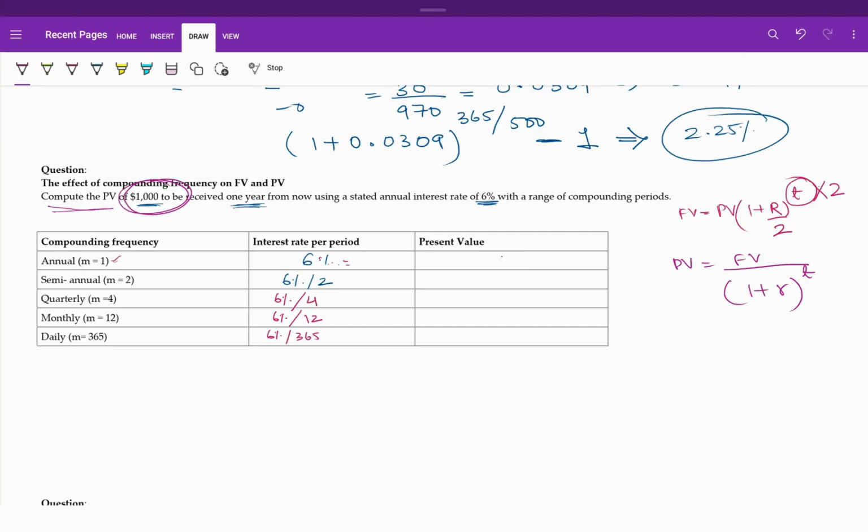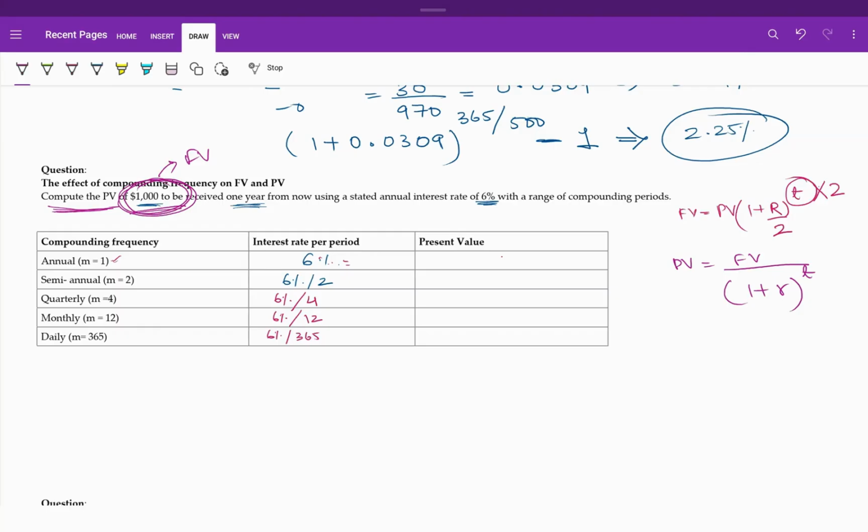So this $1,000 is the future value here. What should be the present value of this $1,000? If you are investing, how much should you be investing today to receive $1,000 in future? So the question is the other way around this time, so we are going to divide it.